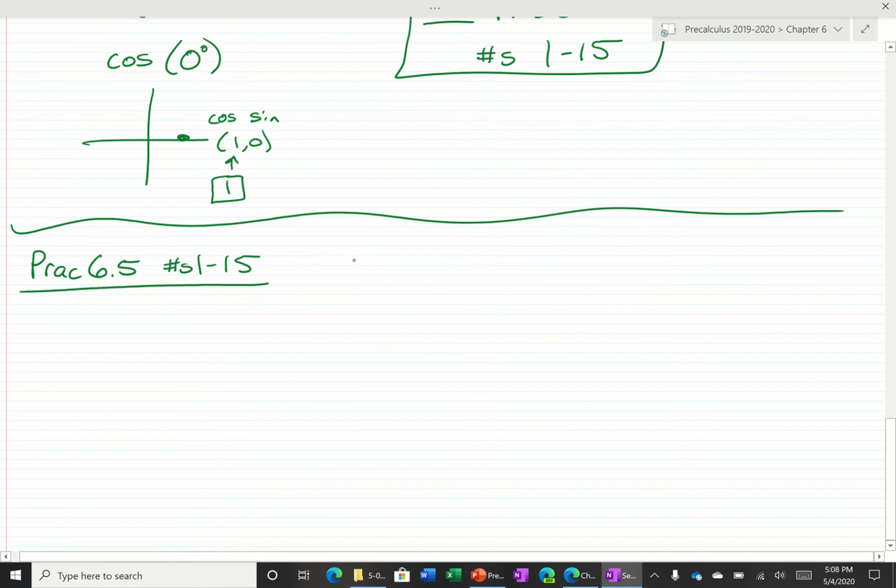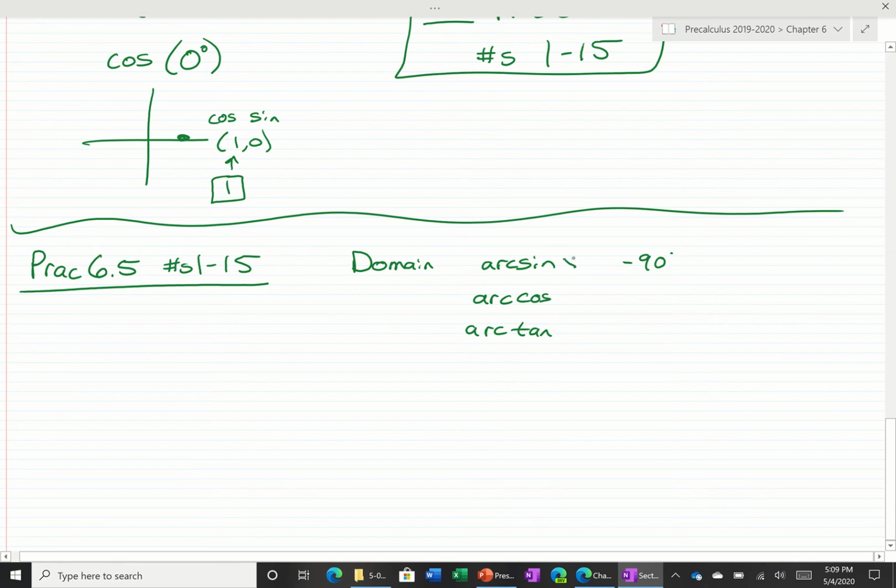For this homework, remember that the domain of arc sine, the domain of arc cosine, and the domain of arc tangent. For sine, it was between negative 90 and 90 degrees.